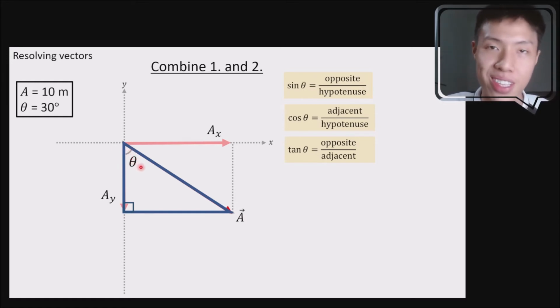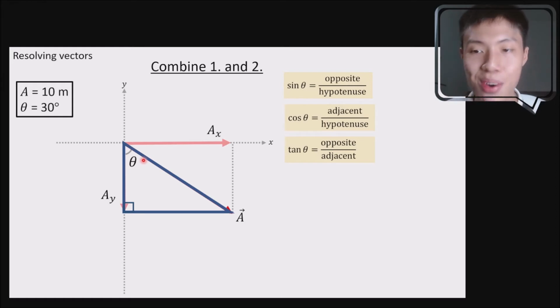If you don't include the theta, then you don't know where is the theta anymore. So include the theta in the right angle triangle, and the vector must be the hypotenuse side of the triangle. The vector A must be the hypotenuse side, and your triangle must include the angle inside. That's how you draw a right angle triangle.